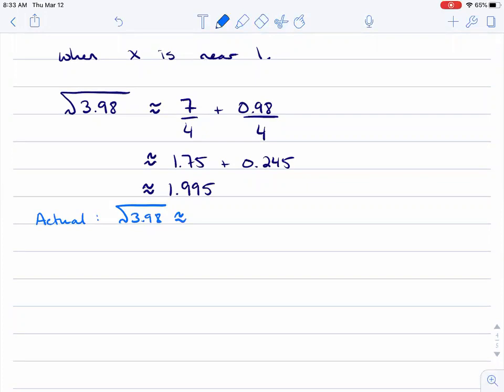Because as long as I've got decimals that keep going in my calculator, I'm doing an approximation here. And so, the calculator says it's 1.9949937334. And then I'll say from calculator.